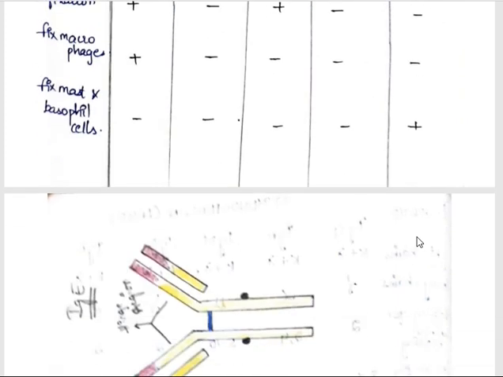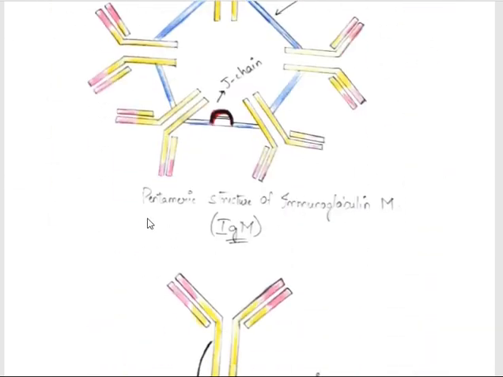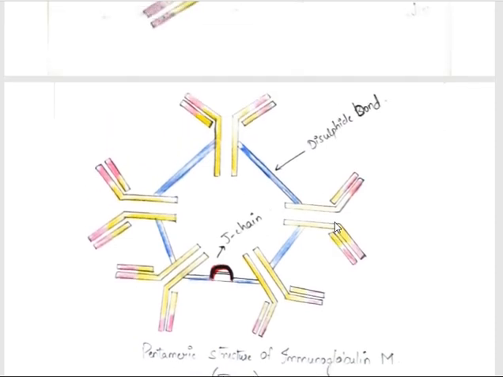So this is all about the comparison of immunoglobulins, their biological and immunological properties. These are all the different types of immunoglobulins and their biological properties. So here we end our types of immunoglobulins in detail. Okay, thank you.